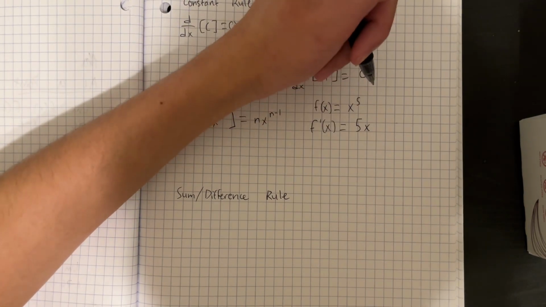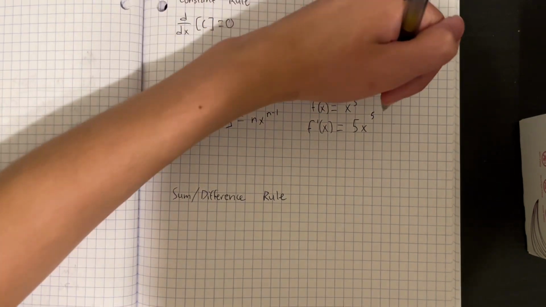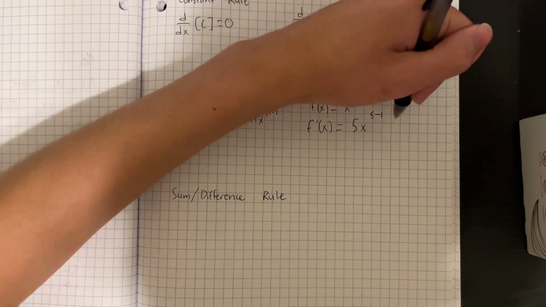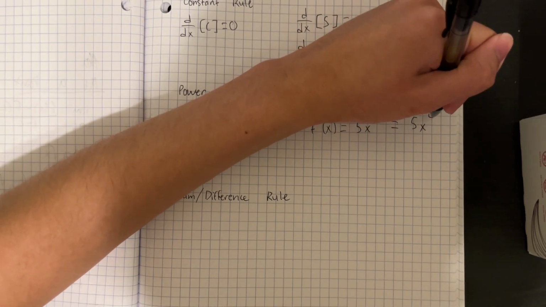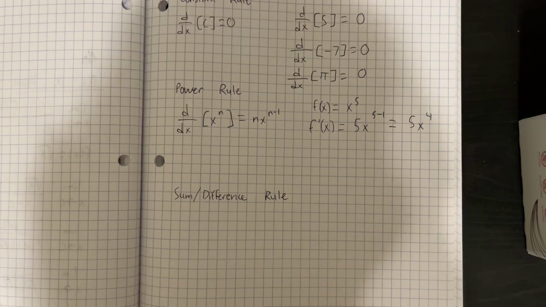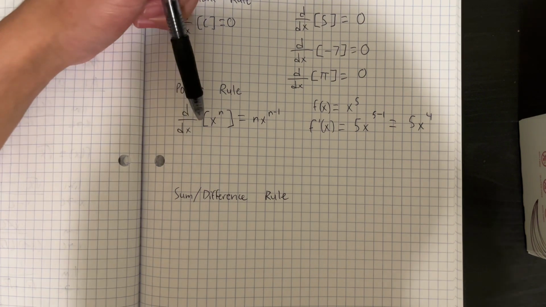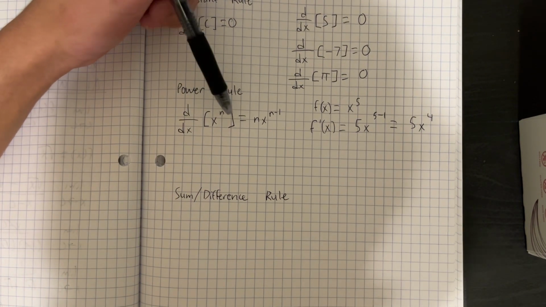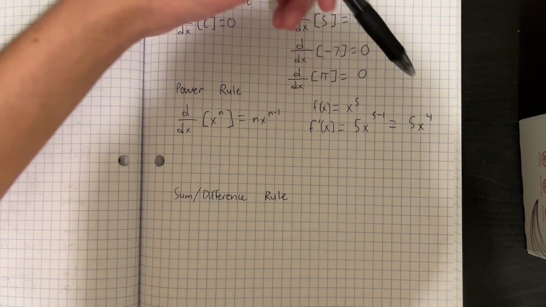Here we have our x, and then 5 minus 1, because this is n minus 1, which turns into 5x to the power of 4. So we can see whenever we're taking the derivative of something to the power of something, we can simply use this to get the derivative.